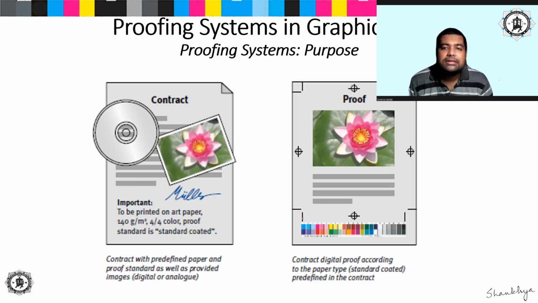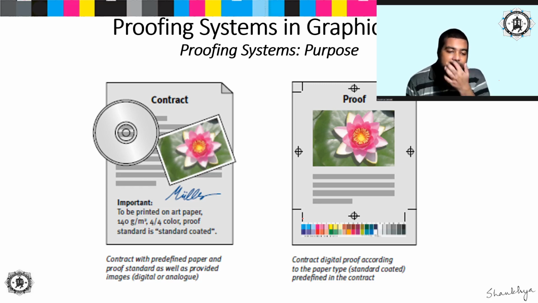So that is why I said that a proof is basically a printed reproduction in order to gauge the capability of the printing machine that you are having. Okay, so what is the purpose of such a proof? The purpose is to get a fair bit of idea of what your final output would look like.